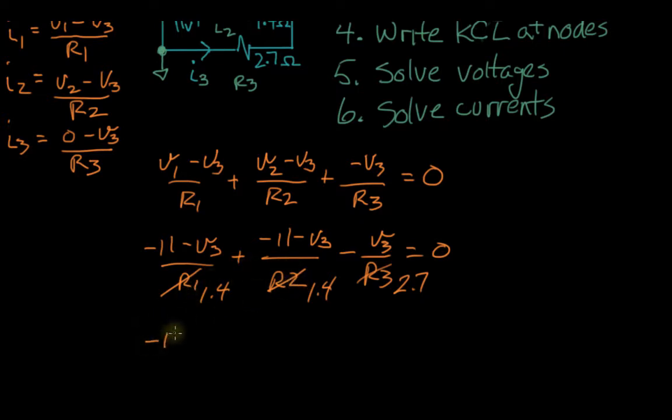I'll get minus 11 minus V3 plus minus 11 minus V3 minus V3 over 2.7 times 1.4 equals 0.